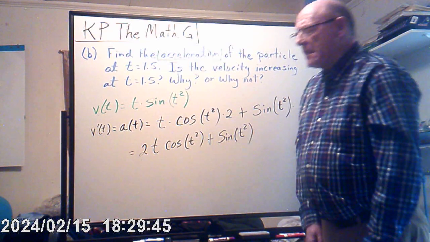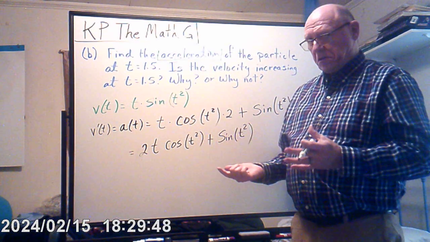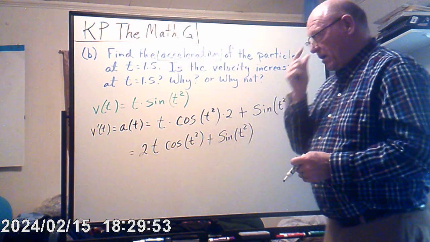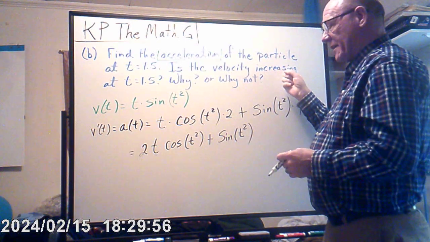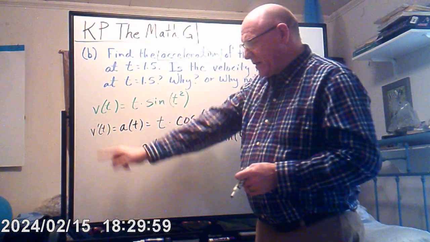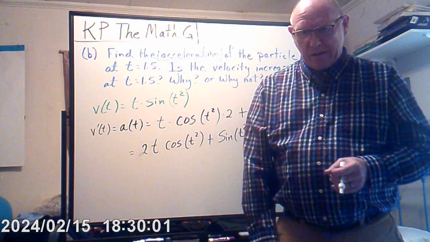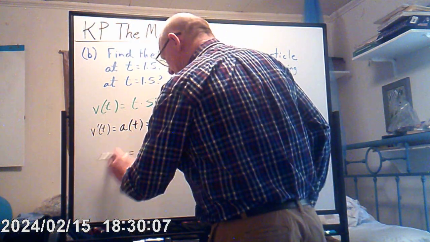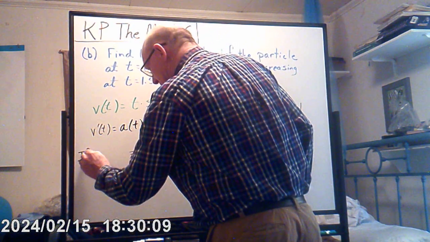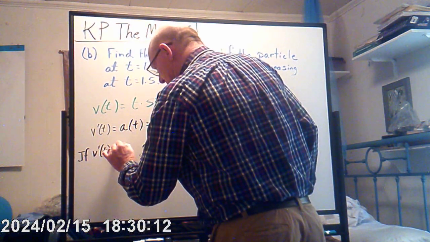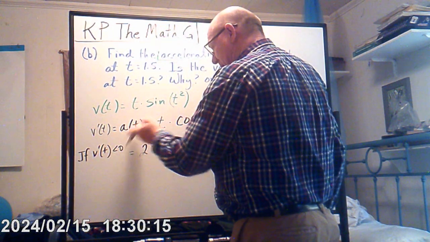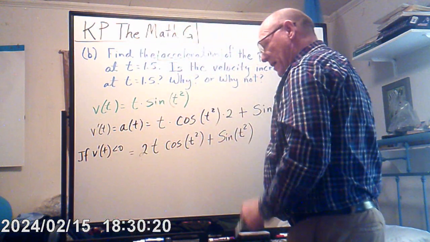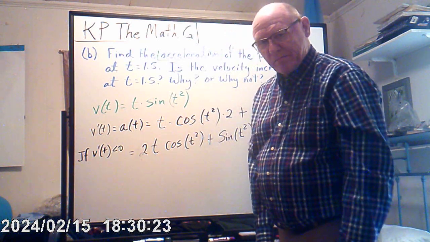Alright, let's see what needs to take place here. Now let's think about this. Is the velocity increasing? If v prime at t, which is a at t, is less than 0, then the velocity is decreasing, isn't it?